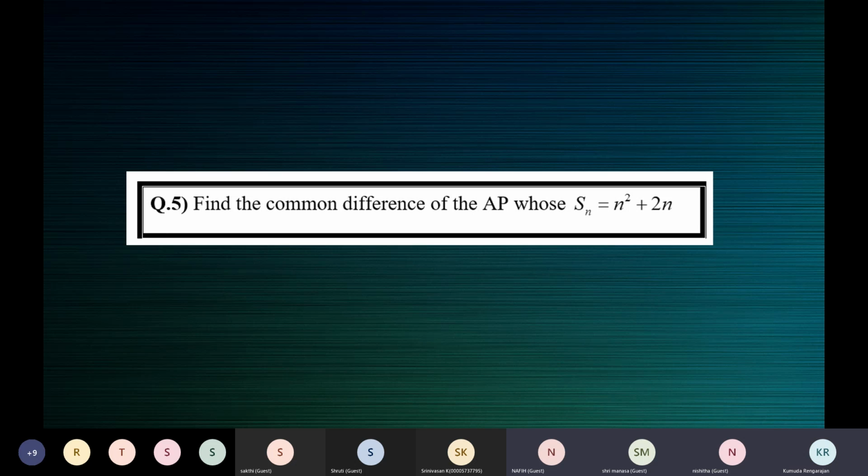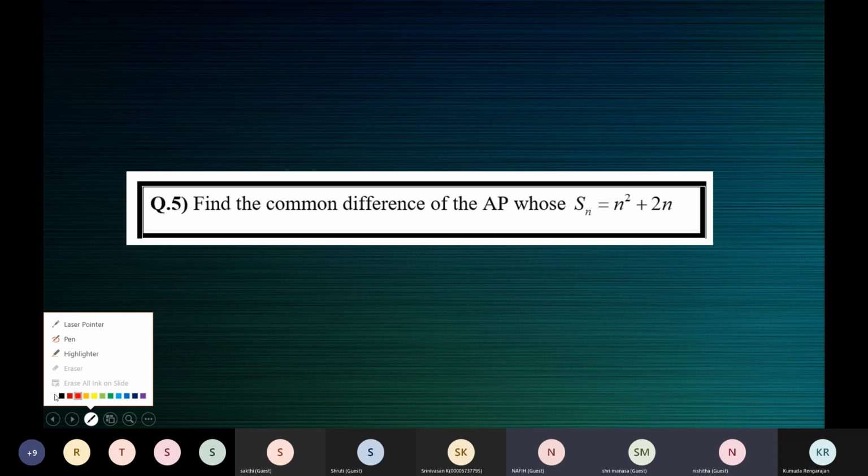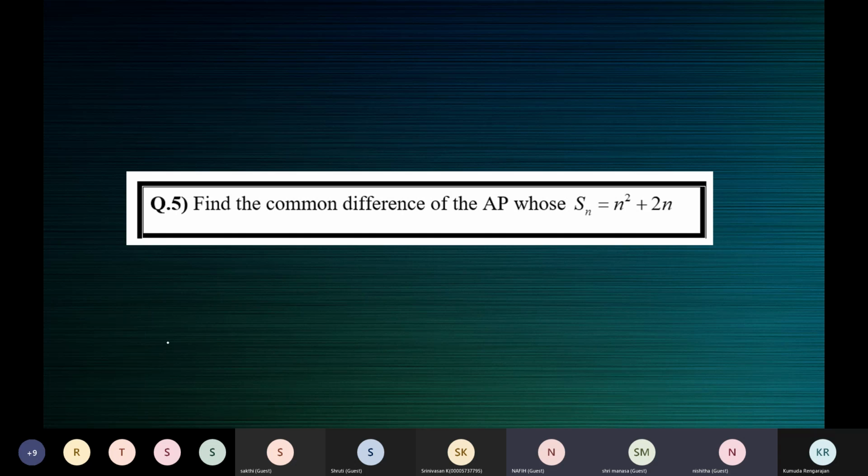All right, let's do it together. Now it's given that we have the expression for Sn. Sn is equal to n square plus 2n. S1 will be equal to what, children?